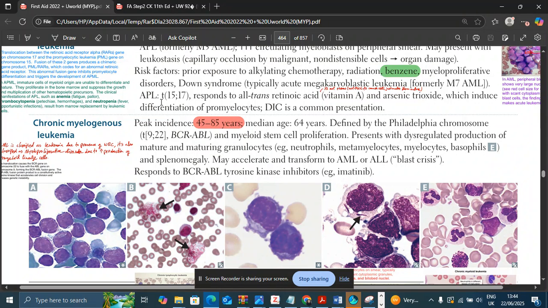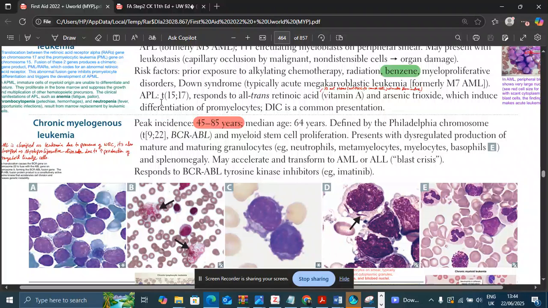So whenever there is an increased number of WBC, that doesn't mean that the patient has a malignancy of the white blood cells, a leukemia. It could be a leukemoid reaction due to infection. You should know the difference between these two, because in Step 2 I've seen questions related to leukemoid reaction and CML.